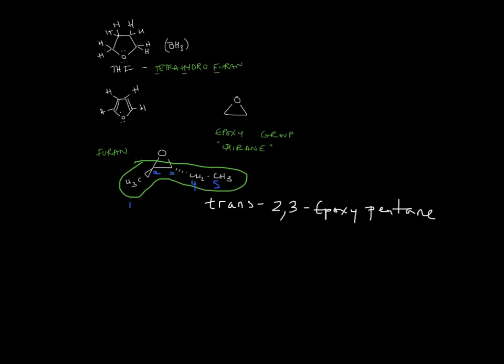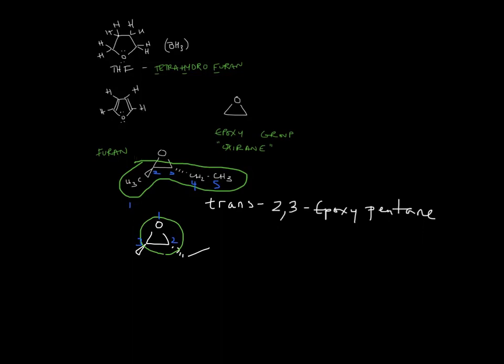The other way to name this, and I'll draw it again, would be with the oxirane as the main chain, and the substituents just coming off of the oxirane. So let's say this is our main chain. We would want to number these 1. You always start at the oxygen. That's the highest priority functional group within the ring. 2, 3.